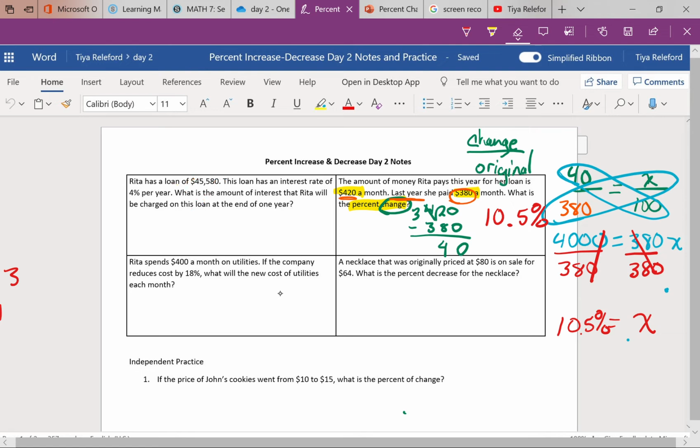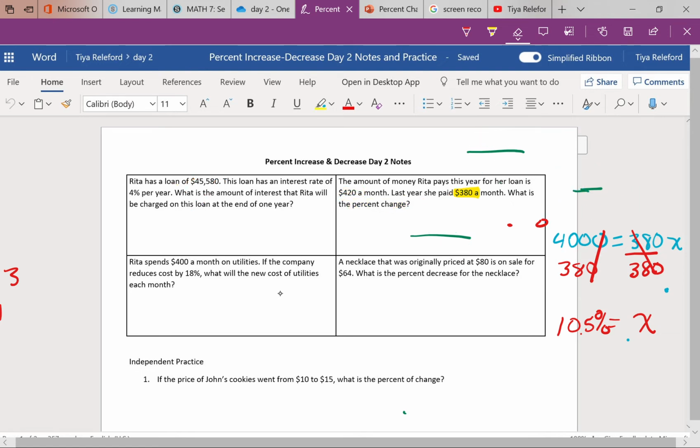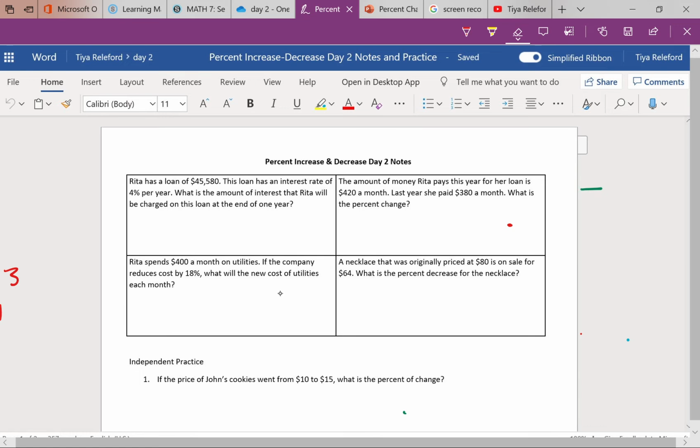Okay. Then it says Rita spends $400 a month on utilities. And utilities, if we don't know what utilities means, it really doesn't matter much. But it is nice to know.